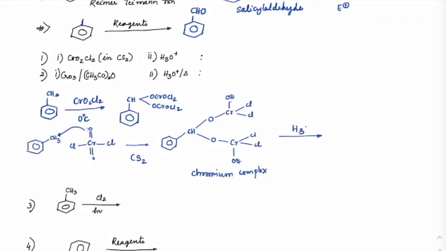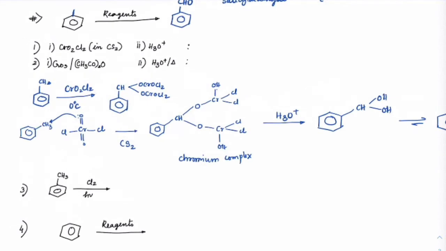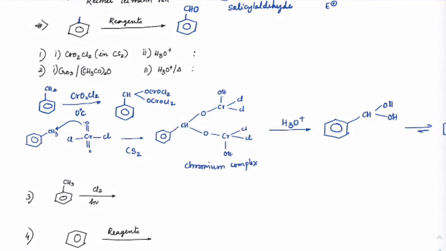Then once the complex is formed, you hydrolyze that. These groups will leave here and make this as CH, OH and OH, which will become an aldehyde here. Now if this reaction is taking place in CS2, then it is called Etard reaction.